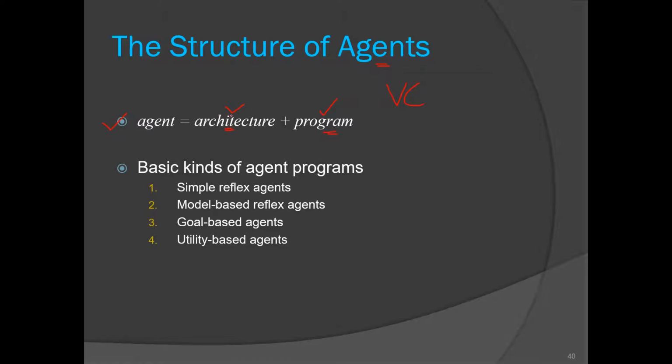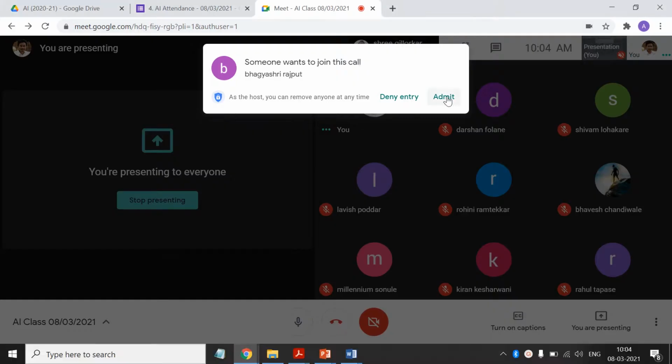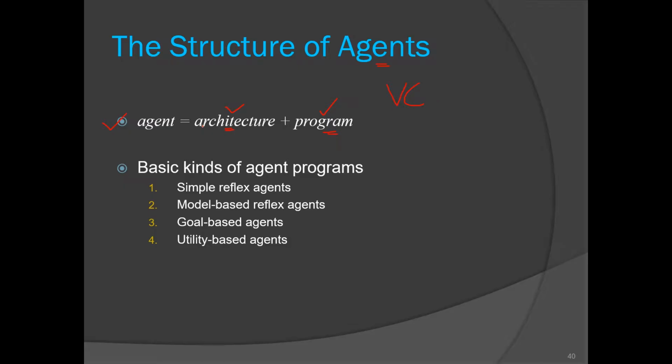Now, what things will be there in this architecture? Hardware includes the sensors plus actuators, and this architecture also includes the computational power, like a CPU. The agent program will be run through that computational power.